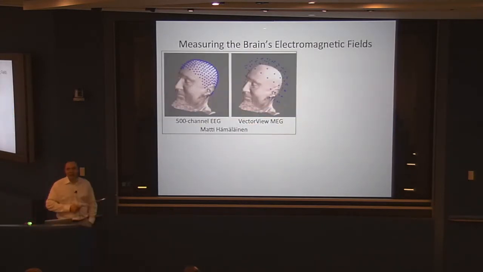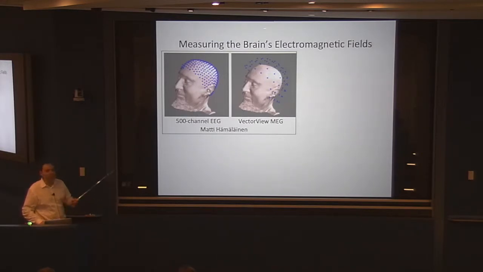This is a slide I got from Matti Hamalainen, who spoke here in November. He had this nice image of a 500-channel EEG and MEG illustrating the proximity of the sensors to the head. The MEG sensors are considerably further away because of the machinery in the device.